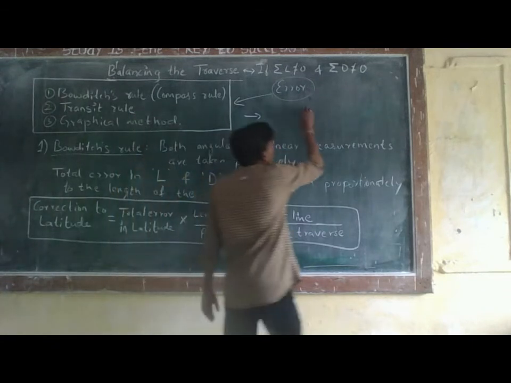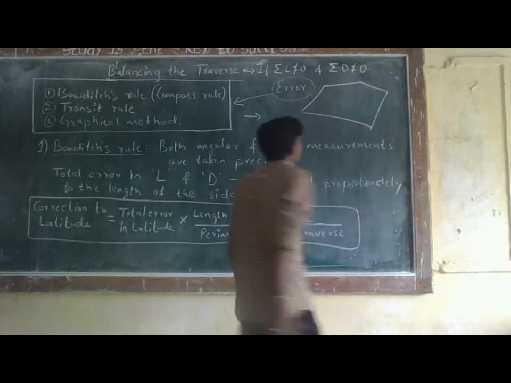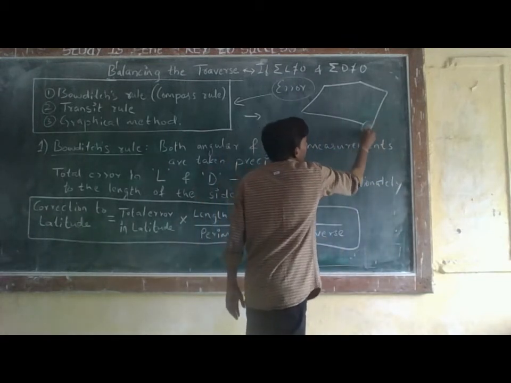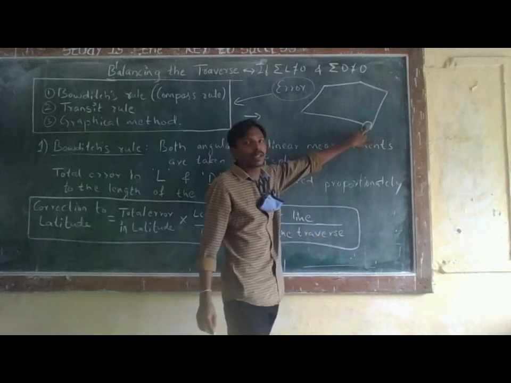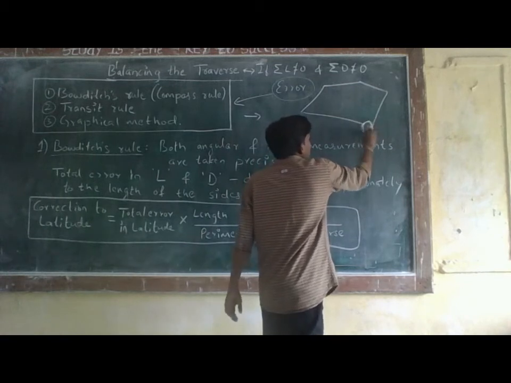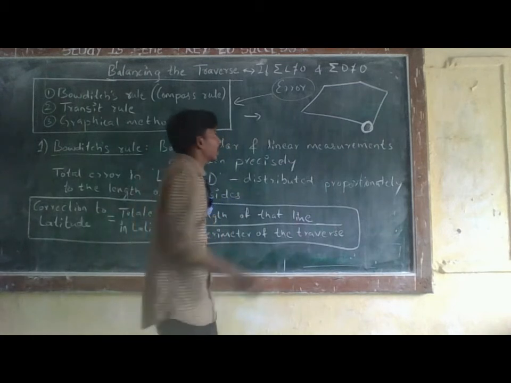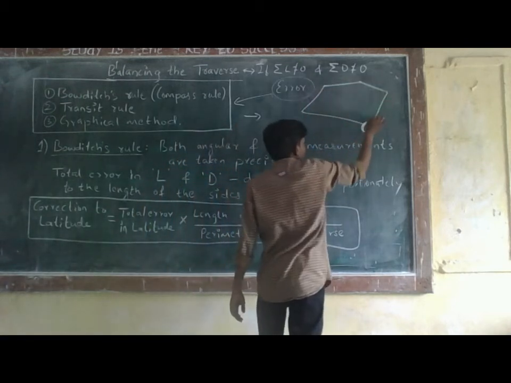If there is a traverse here, this is the error. This gap is created because there is an error. This error in the latitude and the departure is going to be distributed proportionately to all the sides in this method.